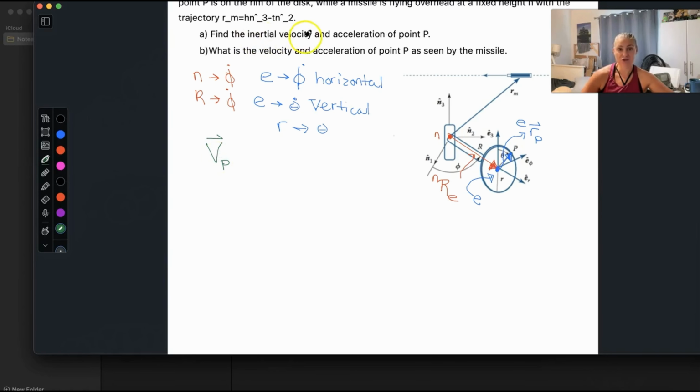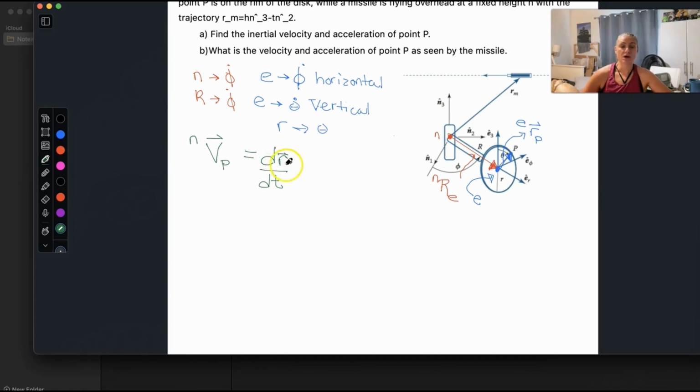So find the inertial velocity and acceleration of point P. So what is the kinematic relationship for velocity and position? Well, velocity is simply the derivative of position in terms of time. And I know position is usually written as r or maybe s. What we're going to do is define a vector.